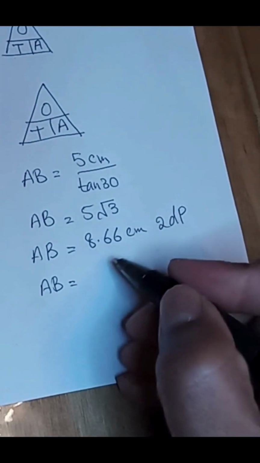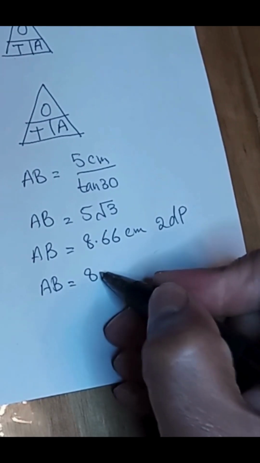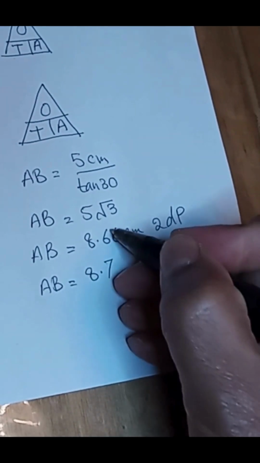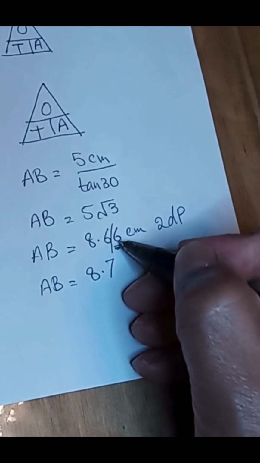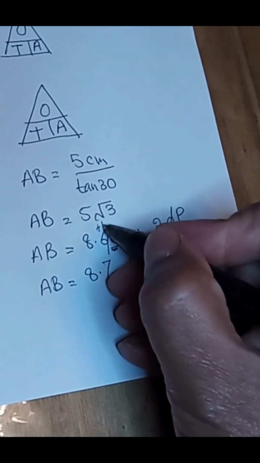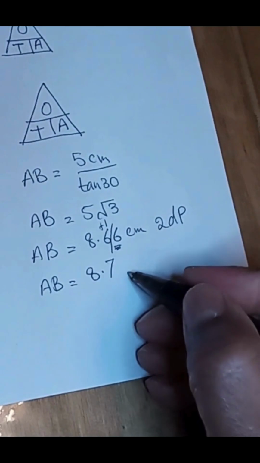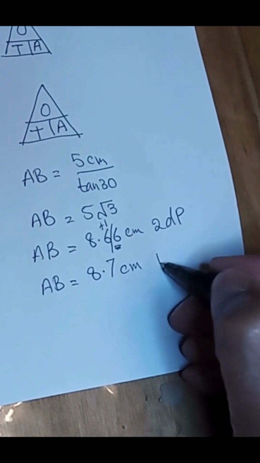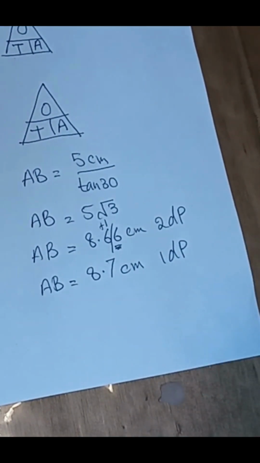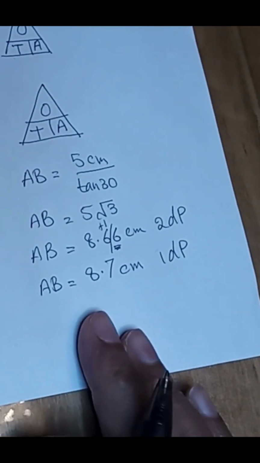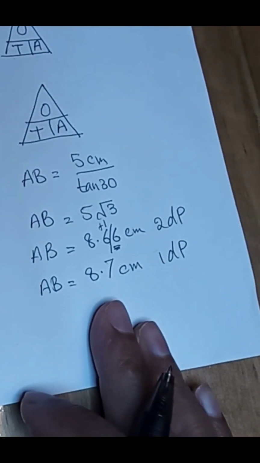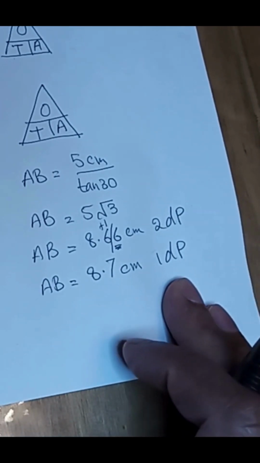If we look at this one, we can write it as 8.7 centimeters, because this digit is 5 or more than 5, so we add one over here. So this is our length AB, which is 8.7 centimeters to 1 dp.